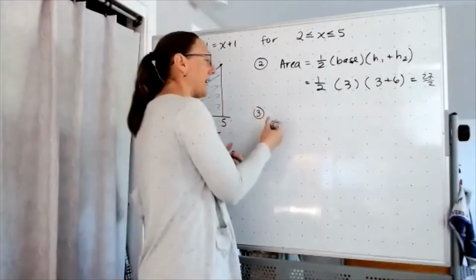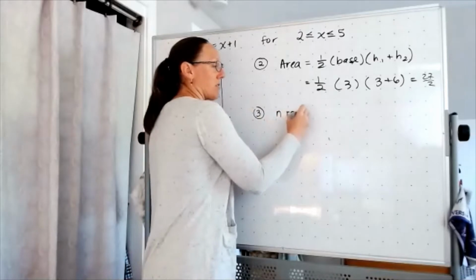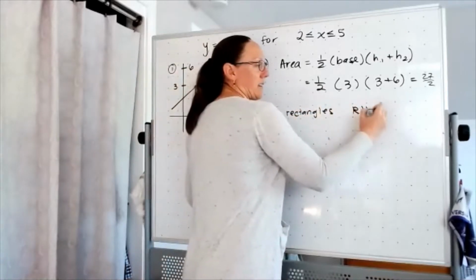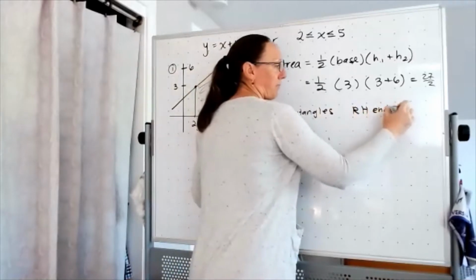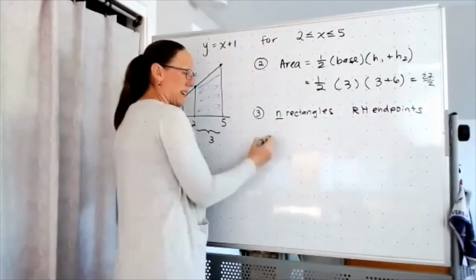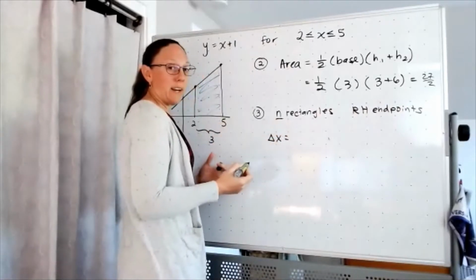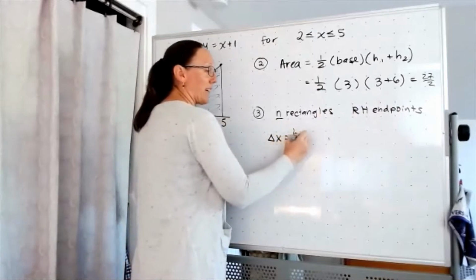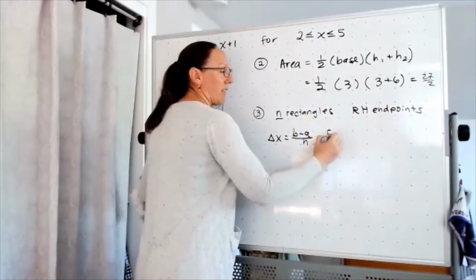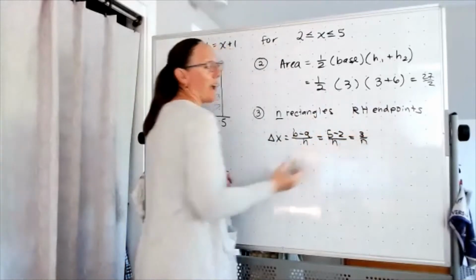Well, for question 3, what I've said is we're going to use n rectangles and right-hand endpoints. Since we're using n rectangles, the width of each rectangle, we're just going to write it as our delta x, we're going to take it from b minus a over n to actually plugging in the 5 minus 2 over n, so that we're looking at 3 over n.